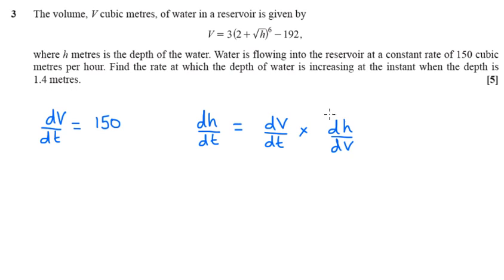So what we're going to be looking for is dH by dV, which we can find quite easily. If we differentiate this, this will give us dV by dH, so we'll then just find the reciprocal of that. So let's find dV by dH.